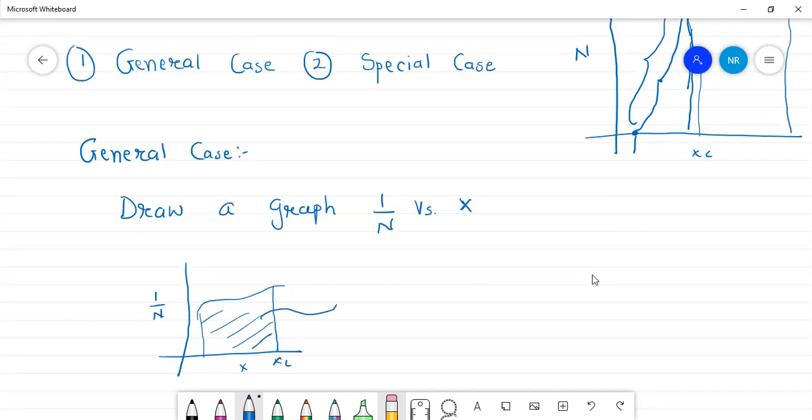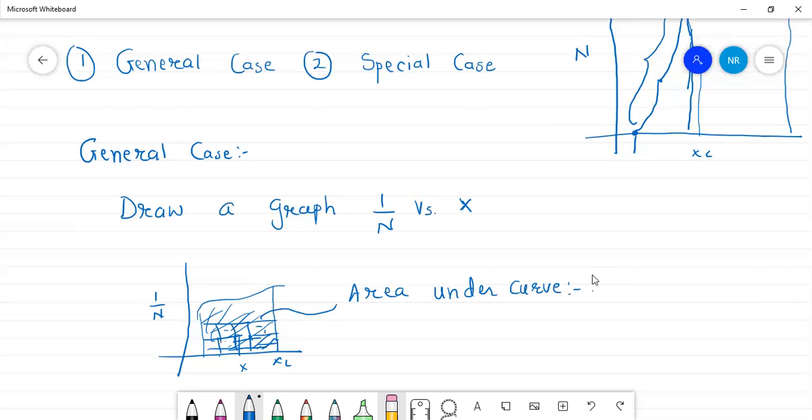Now how do we find the area under the curve? If we have a graph with a number of boxes, we have to calculate how many boxes are under the curve.